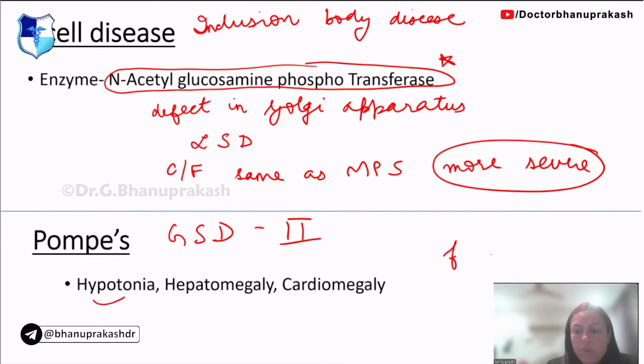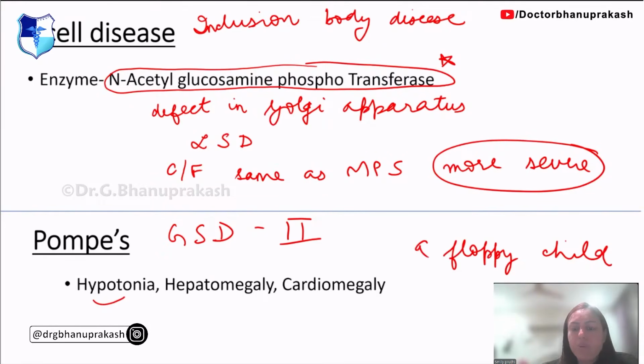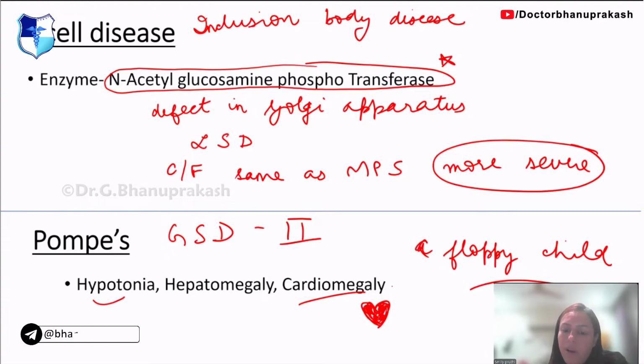Usually the clinical case will be a floppy child, a hypotonic child. Okay, cardiomegaly. So this is the only glycogen storage disease where the heart is affected. Otherwise, in glycogen storage diseases, muscles and liver are affected. Here, the heart is affected and the liver is already obviously affected, hepatomegaly.